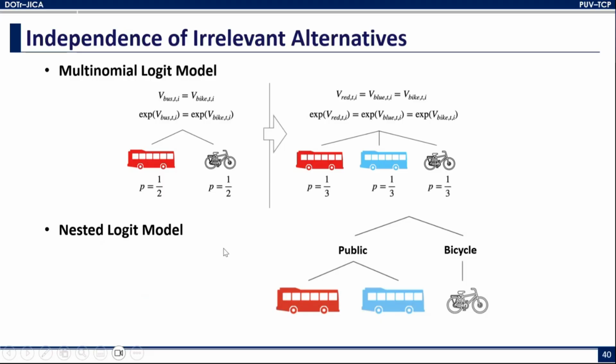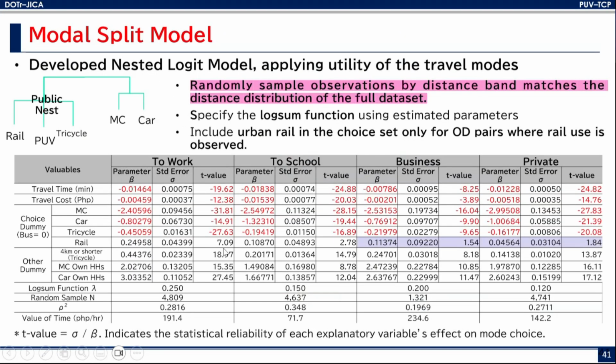Then, for the modal split models, utilizing the MUSEP database, which was updated by the follow-up survey, I developed the nested logit models applying the utility of the travel modes.